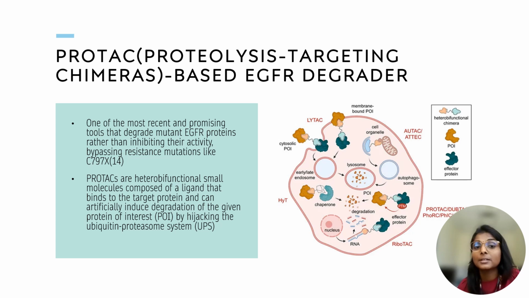PROTAC, or proteolysis targeting chimera-based EGFR degrader, is one of the most recent and promising tools that degrade mutant EGFR proteins rather than inhibiting their activity, bypassing resistance mutations like C797X. PROTACs are heterobifunctional small molecules composed of a ligand that binds to the target protein and can artificially induce degradation of the given protein of interest by hijacking the UPS system.